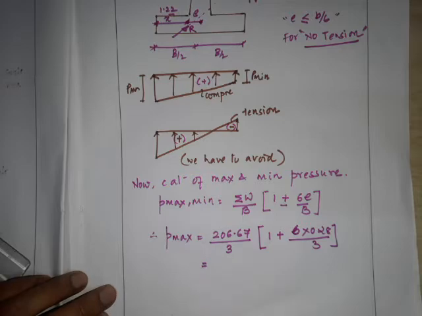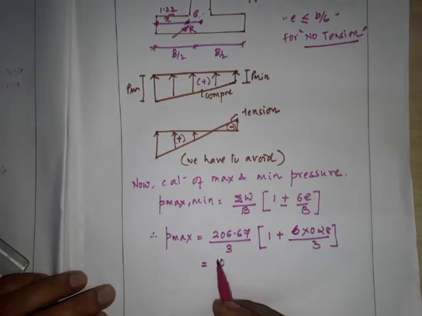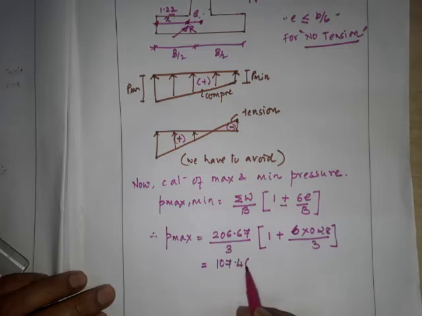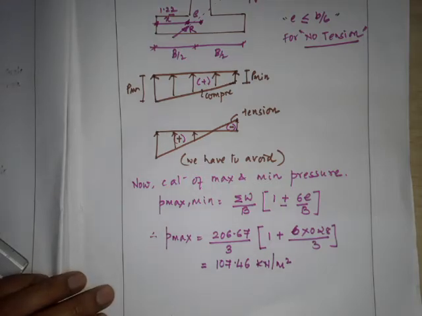So we get P max is equal to 107.46 kilonewton per meter square, and that is positive, means compression.